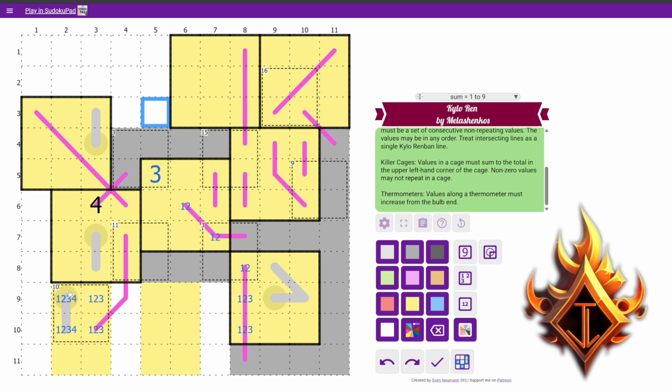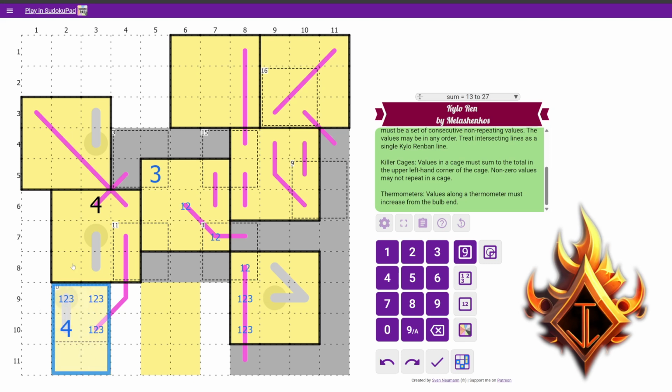Okay. This cannot be 4. So we are making a 1, 2, 3 combo here. So that one must be 4. Because those are definitely all the same box.